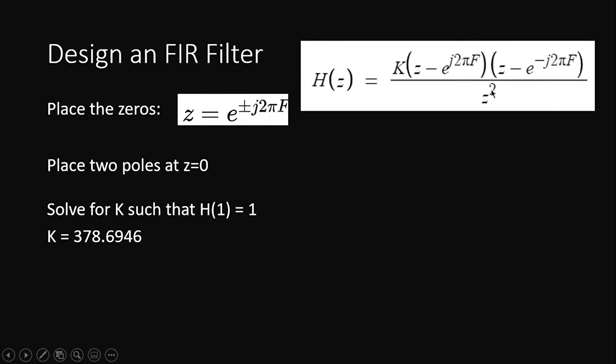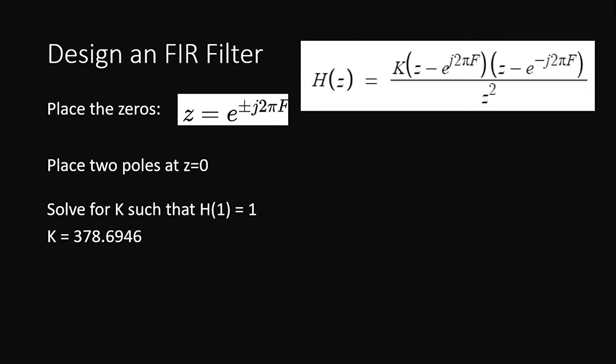The other requirement of the lab is that we have a gain of 0 decibels at the DC condition, and the DC condition is when f equals 0, or in other words, z equals 1. So when we plug 1 into our transfer function, we should get a magnitude of 1, or 0 decibels.